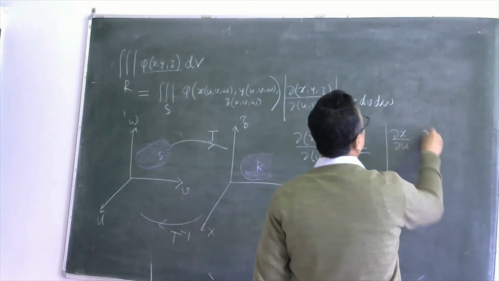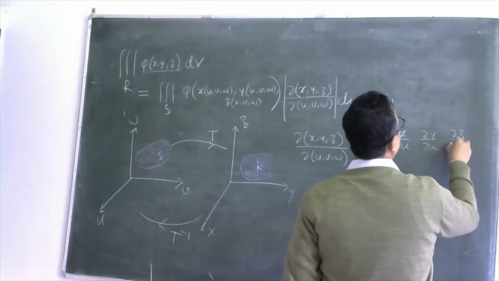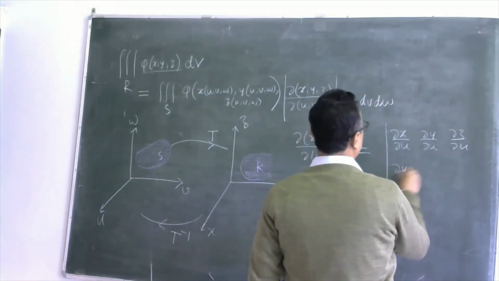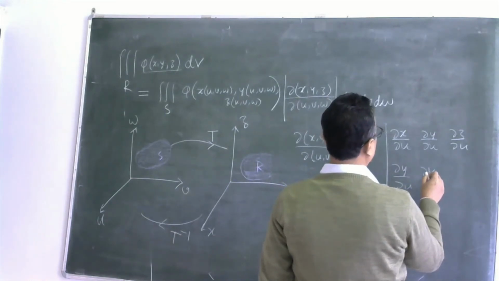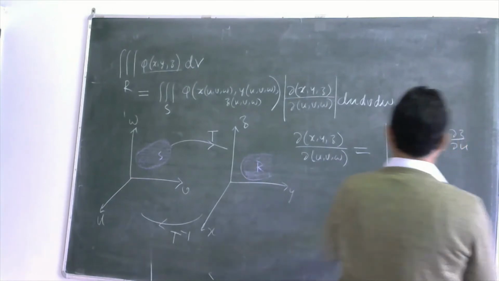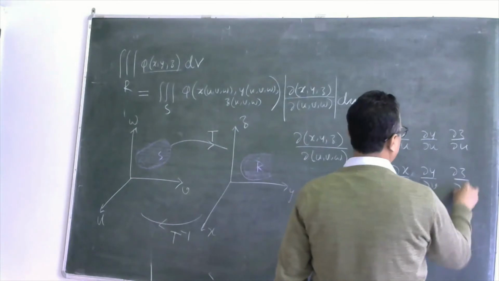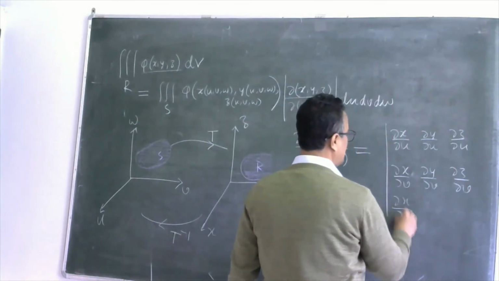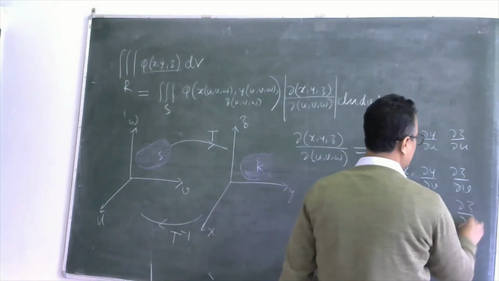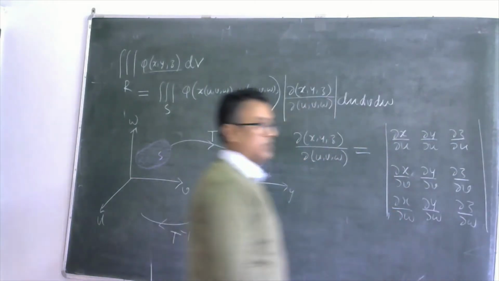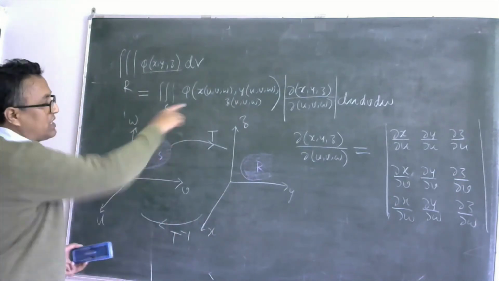Del x del u, del y del u, del z del u; del x del v, del y del v, del z del v; and similarly del x del w, del y del w, and del z del w. It is simply this determinant. Okay, so in this way we can find it out.